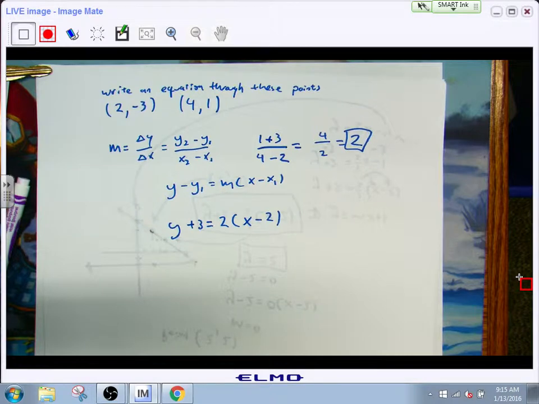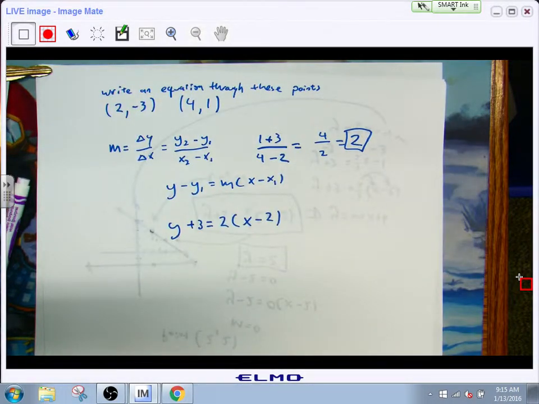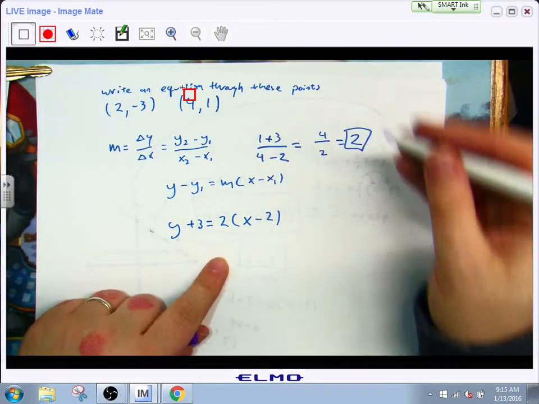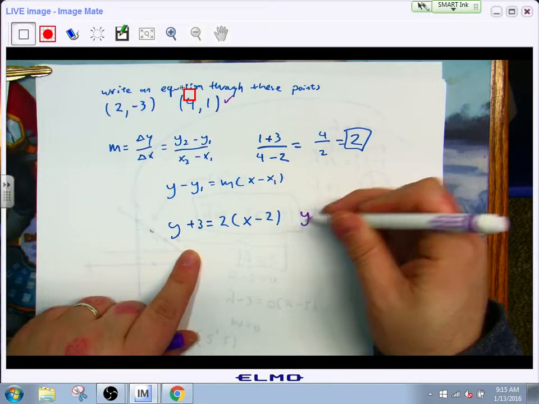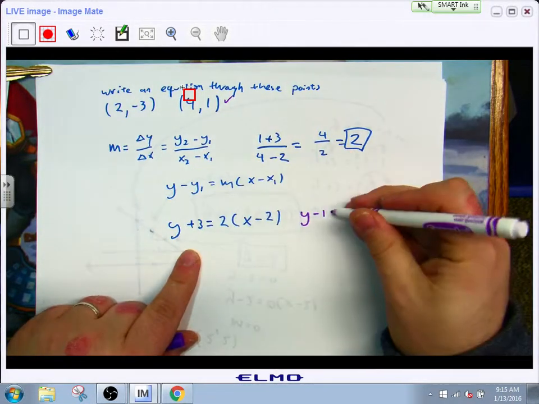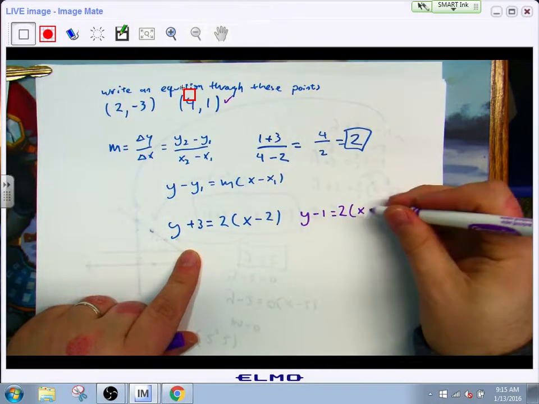Now you might be thinking, well, Victor, you used that first point. Can I use that second point? Well, let's find out. If I were to use this second point here, then I would have y minus 1 equals 2 times x minus 4.